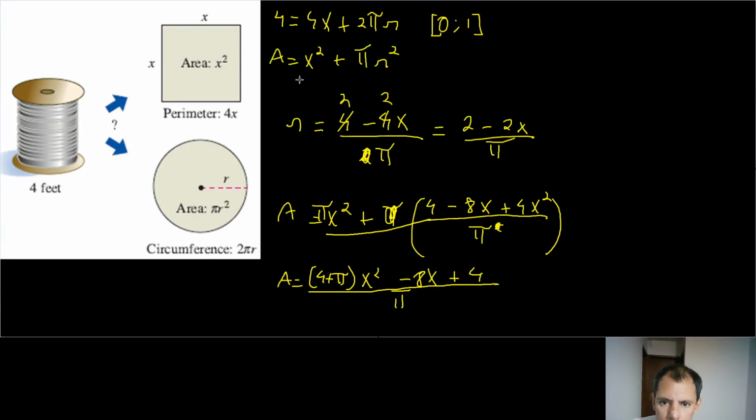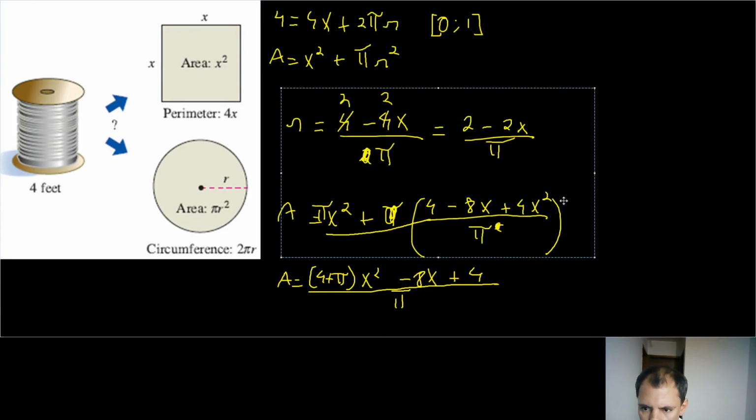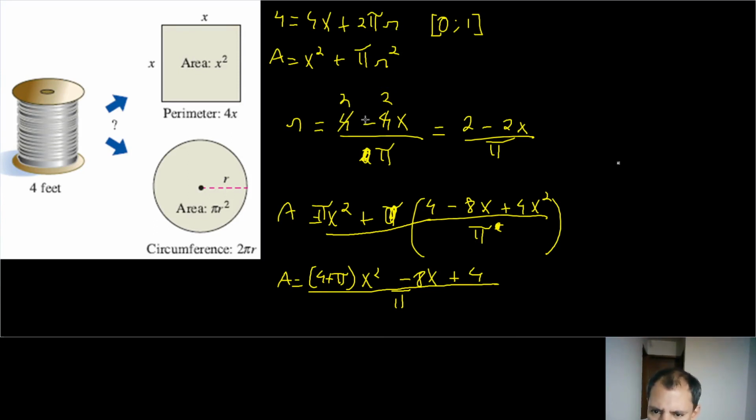Okay. Let's see if this is the thing for real. I just want to make sure here, guys, that I'm not wrong: 2 minus 2x divided by pi. Okay. This must be right. x squared plus pi times 4 minus 8x plus 4x squared divided by pi squared.